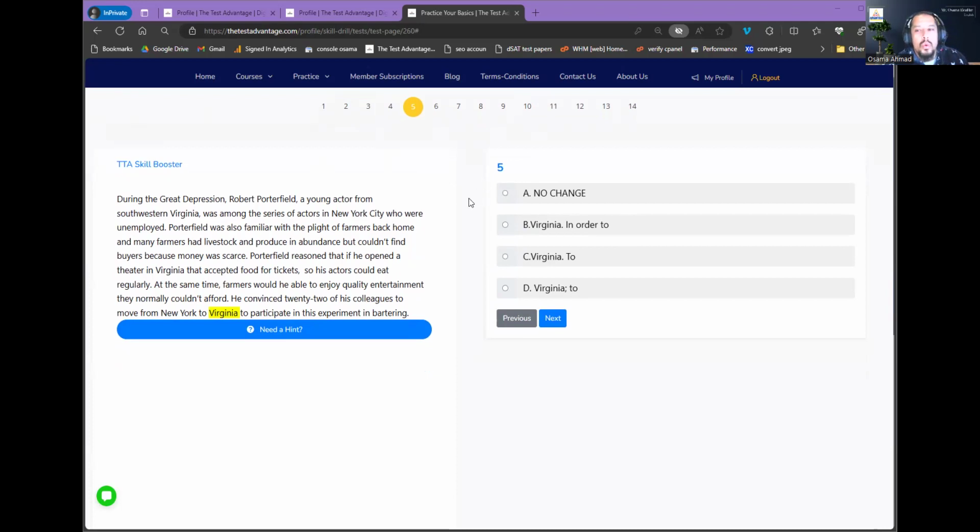The first one is he convinced 22 of his colleagues to move from New York to Virginia. Okay. What about answer B? To participate in the, no, one. Okay, it's 1. It's not 2. But why did you say 2? I got confused in this one. All right.